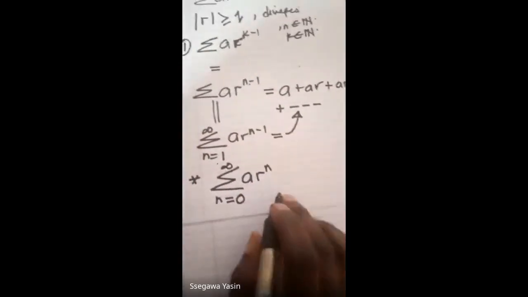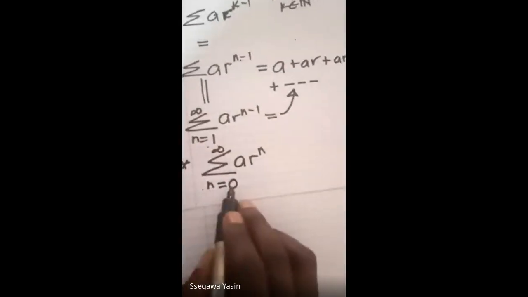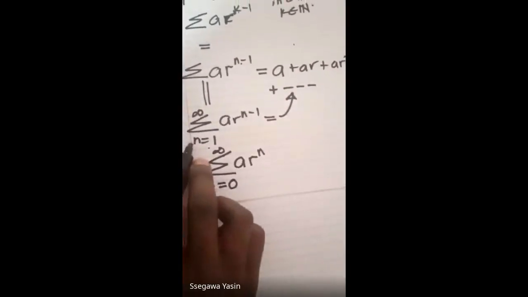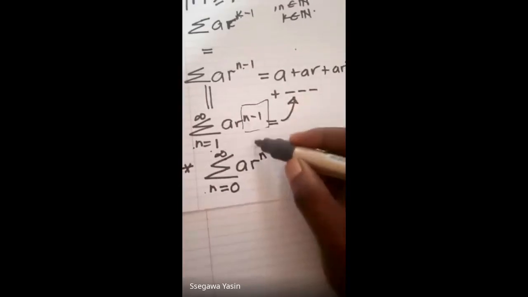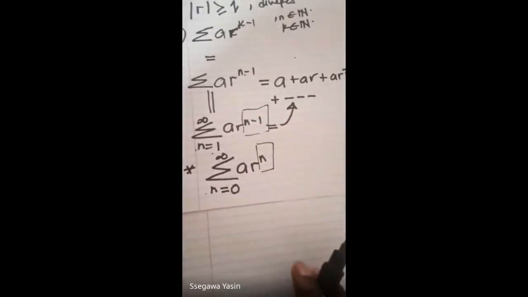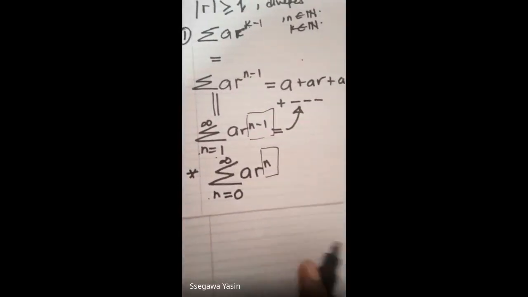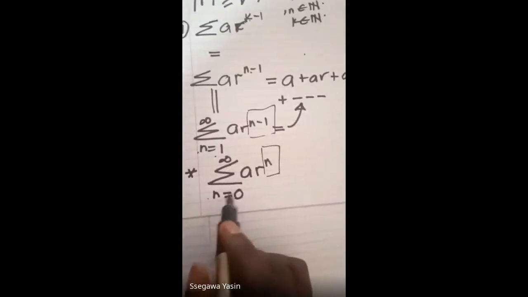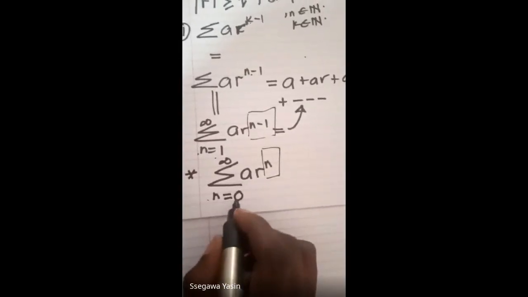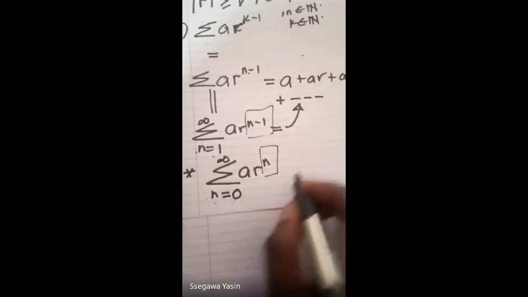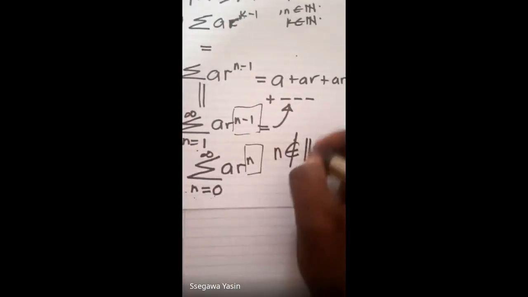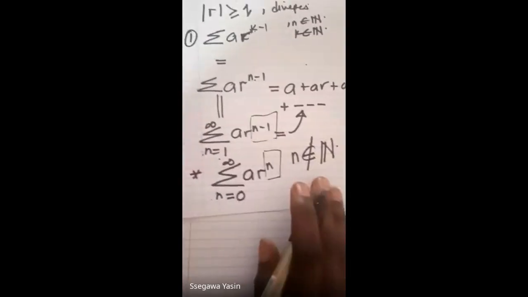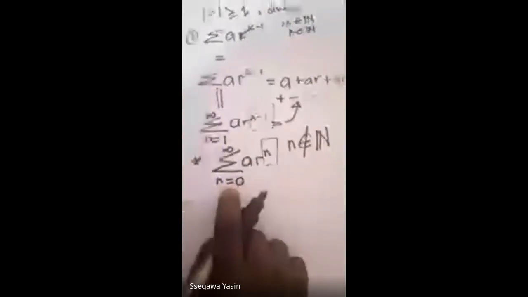Now you will see that here we are starting from 0, and here we are starting from 1. So the formula changes a little bit. It is adjusted a little bit when you try to check at that point. And specifically, this N you see here is not a member of the natural numbers. Why? Because it includes a 0.